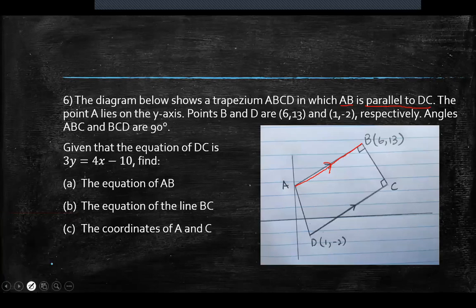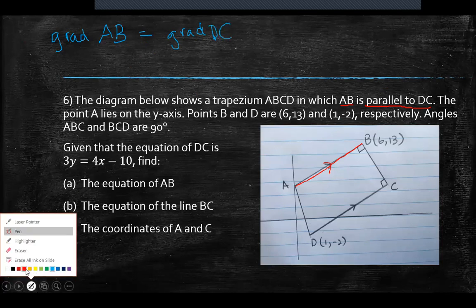So by that alone, I know the gradient of AB. Grad means gradient. The gradient of AB would be equal to the gradient of DC.